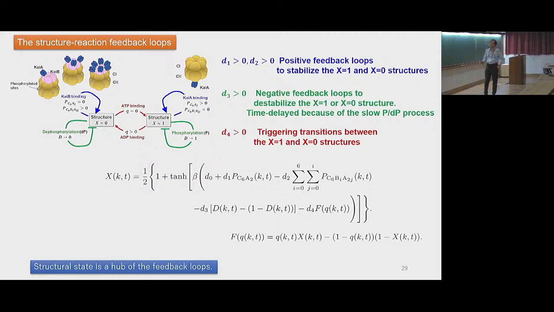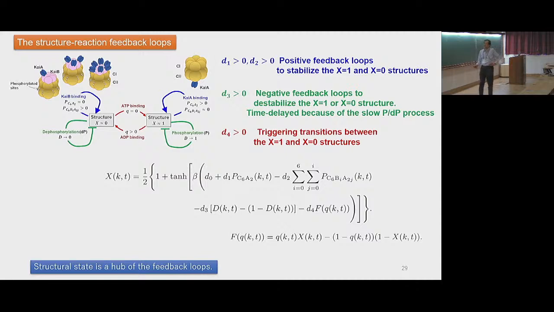The binding of KaiA further increases X, and the large X favors the binding of KaiA. So the positive D1 represents the positive feedback effect. But the minus D3 term represents the negative feedback. When X equals 1, KaiA binds more, and that increases D, but the increased, large D destabilizes the X equals 1 structure with this sign.